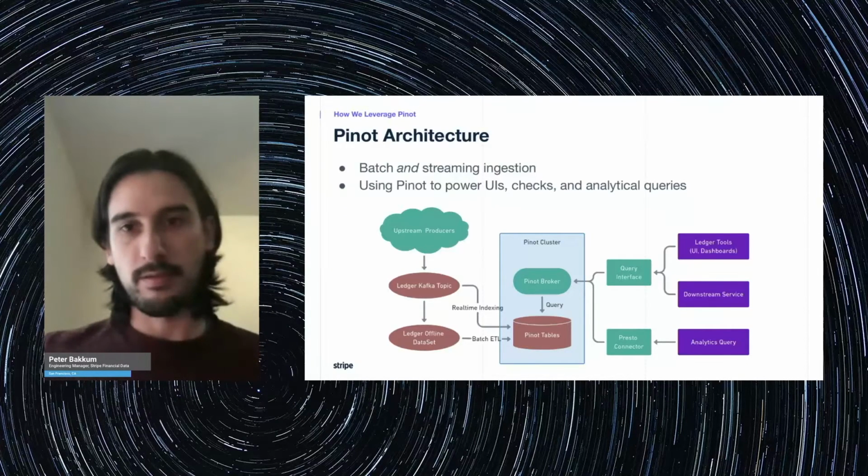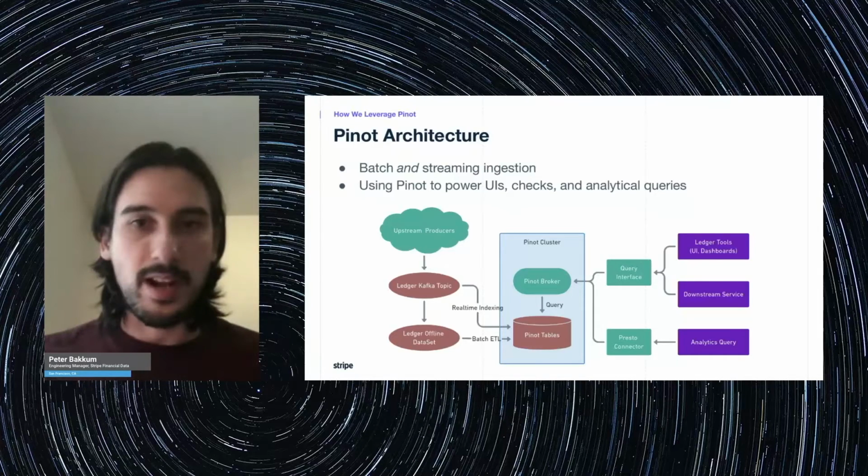So we also pull directly from a Kafka topic and inject this data into Pinot. So two write pathways. And then on the read side, we use Pinot to power internal UIs, some internal checks, and analytical queries. So that's a high-level overview of our architecture.